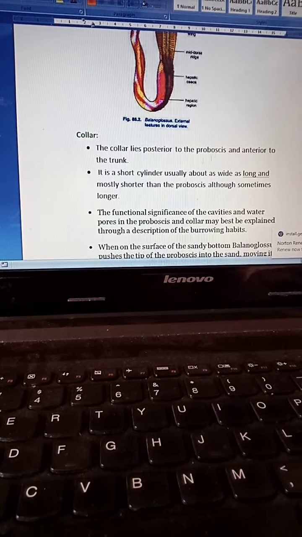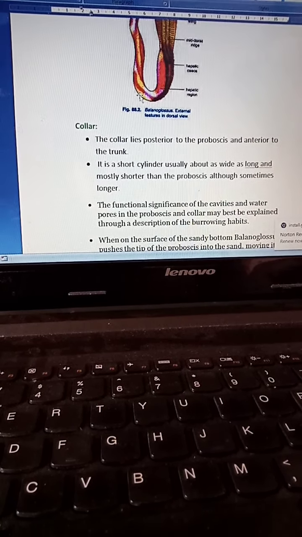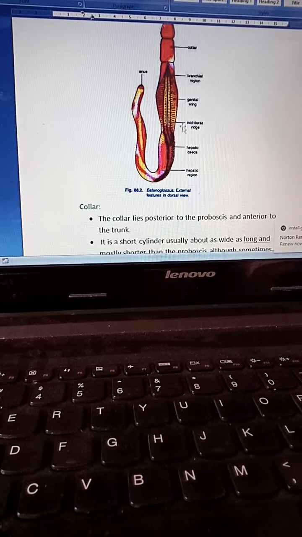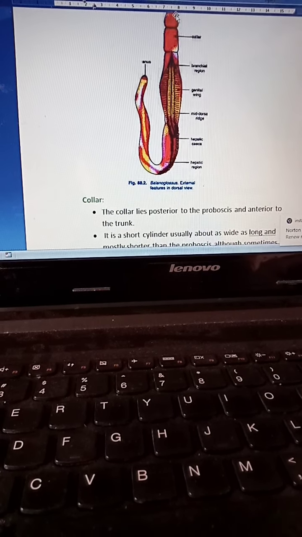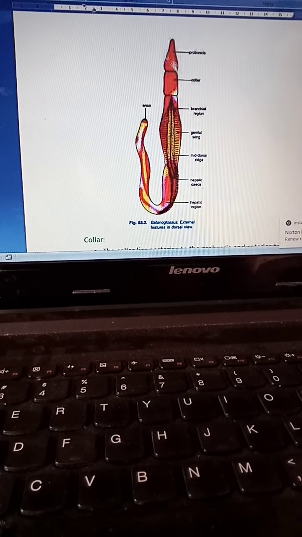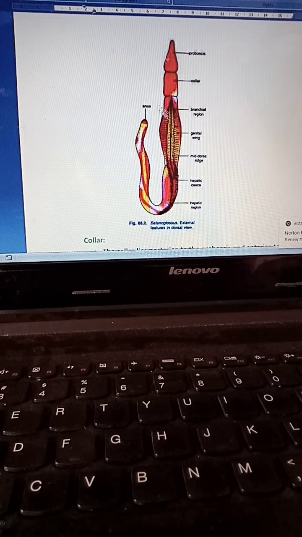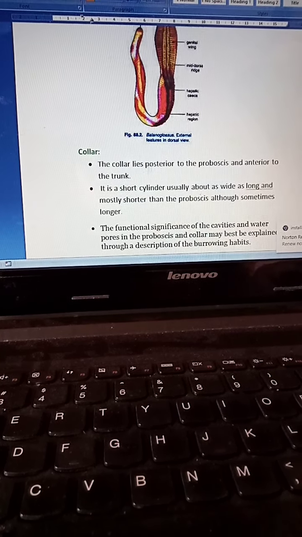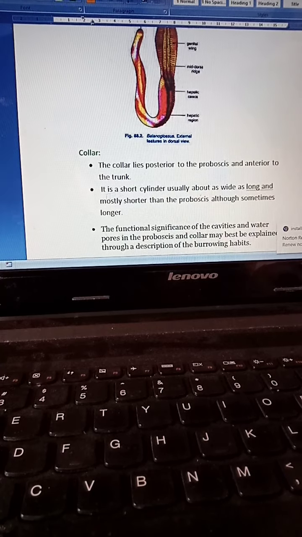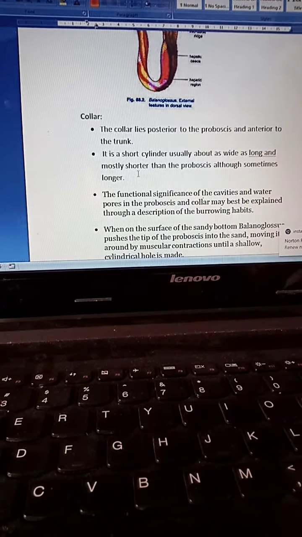Posterior to the proboscis and anterior to the trunk is the collar. That means it is located in between the proboscis and trunk.